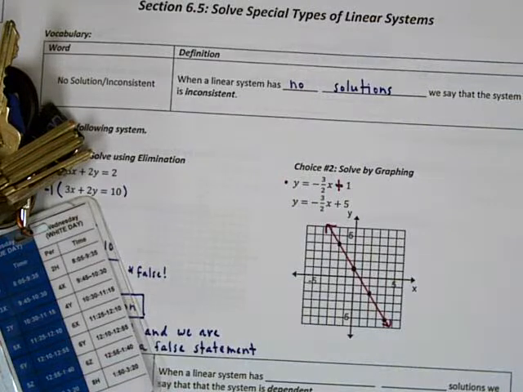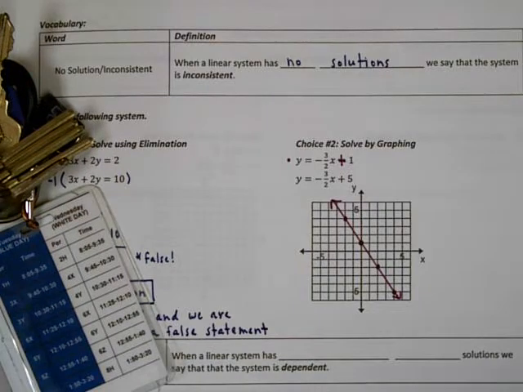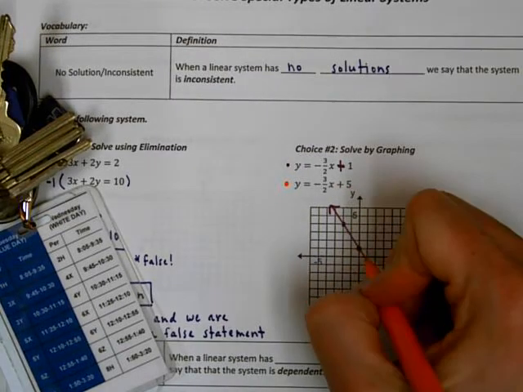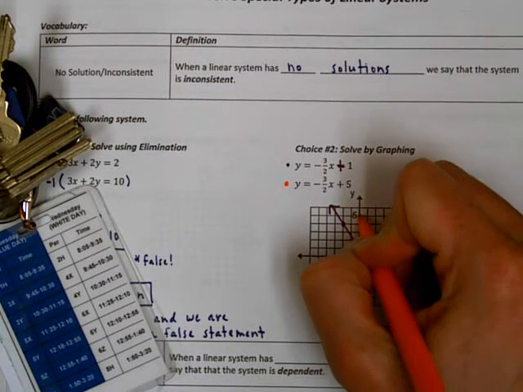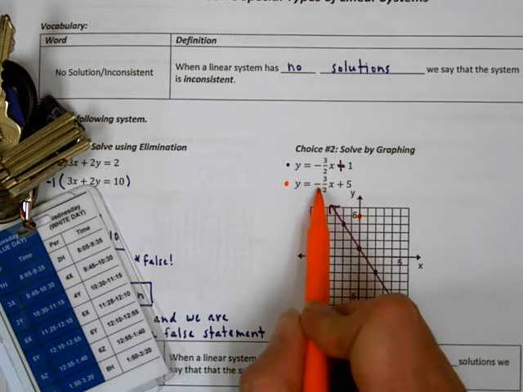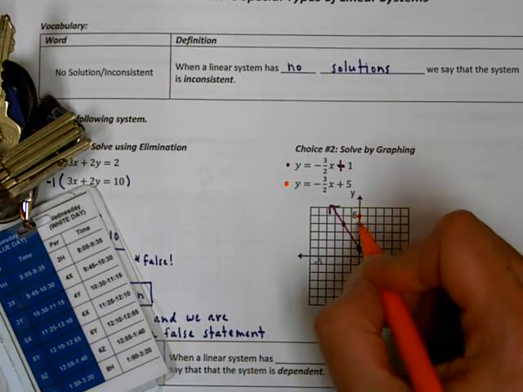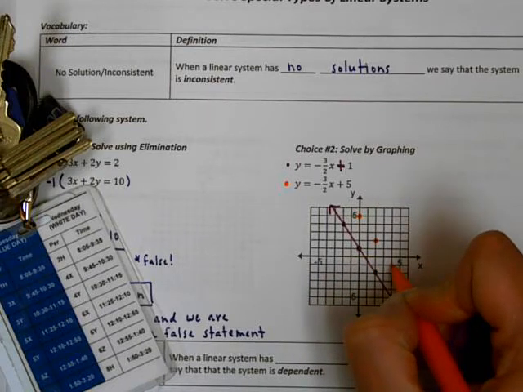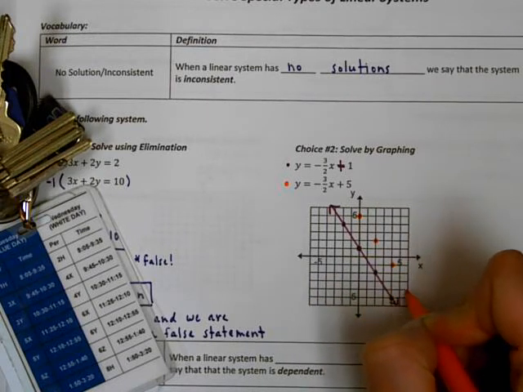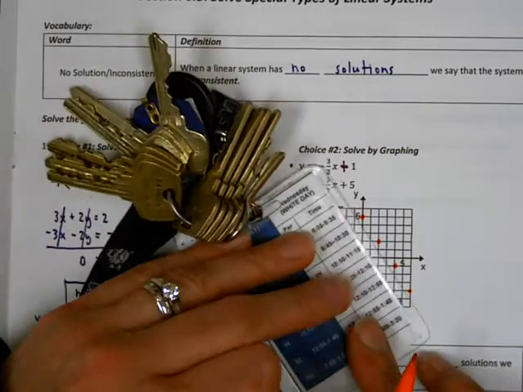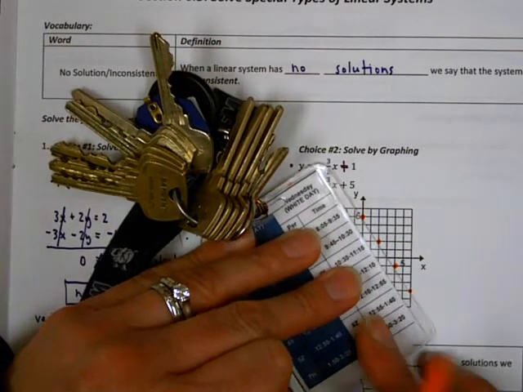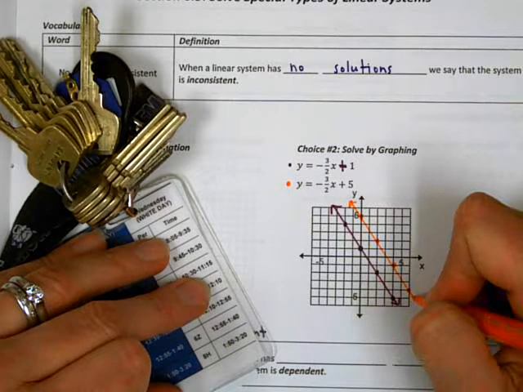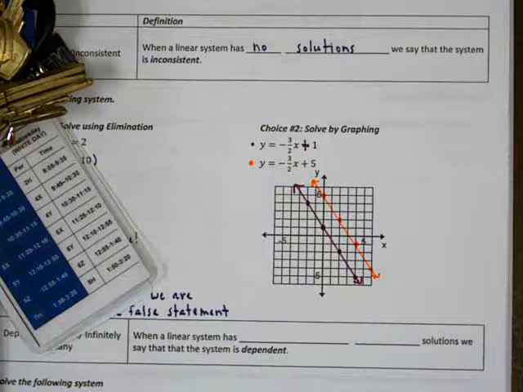Alright, so now I'm going to graph my second line. Here, my y-intercept is a positive 5. So I'm going to sketch that there. My slope is a negative 3 halves. So again, I'm going down 3 and over 2. Down 3 and over 2. And what I notice pretty quickly is those two lines are never going to intersect. Those are what we call parallel lines.